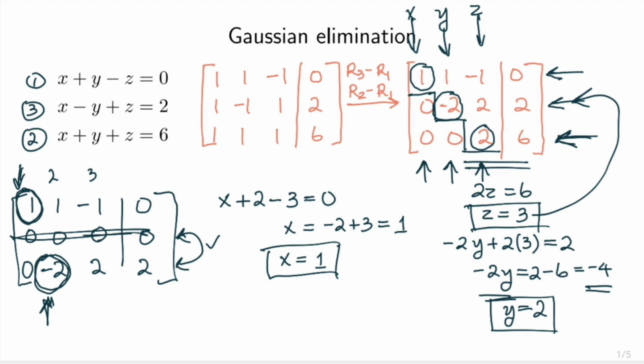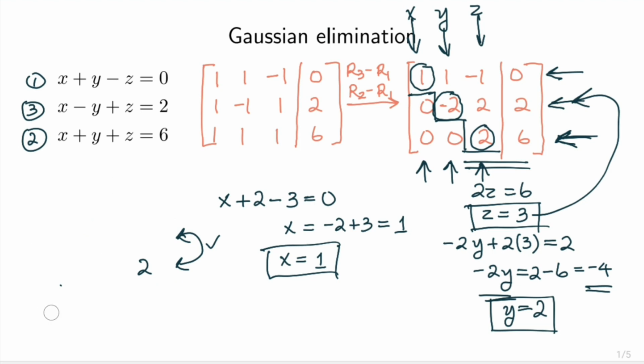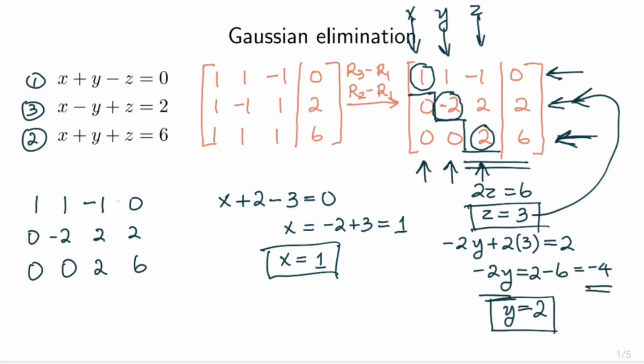Now let me just rewrite this whole thing again. So we have, let's say we have this system. The system we ended up with: 1, 1, -1, 0. Then we have 0, -2, 2, 2. Then we have 0, 0, 2, 6.